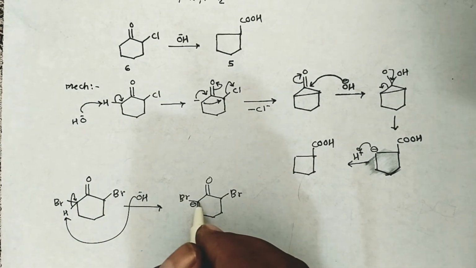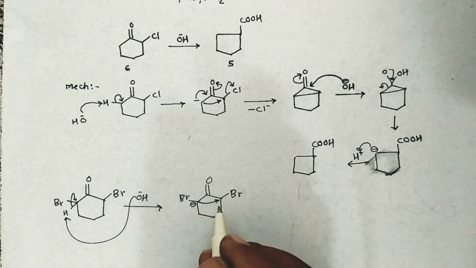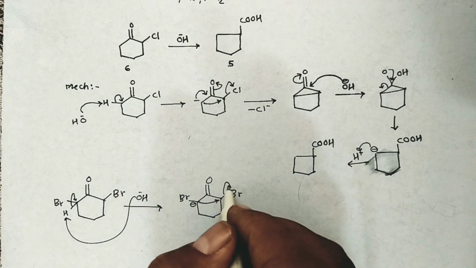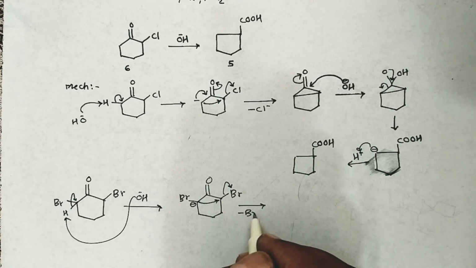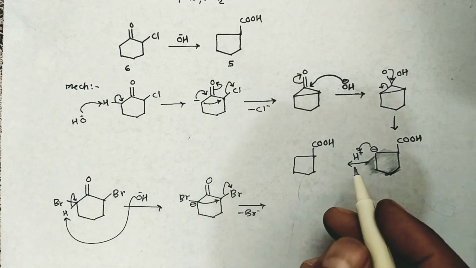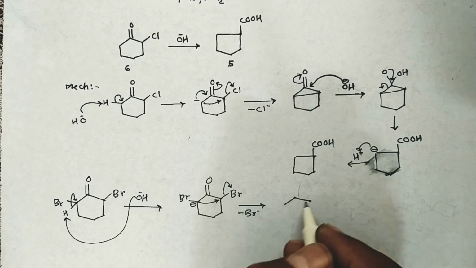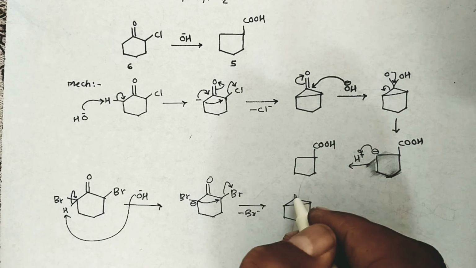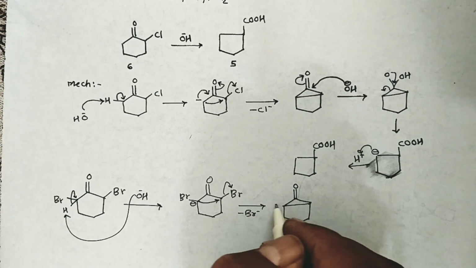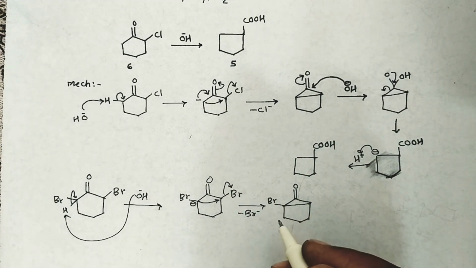Then this negative charge carbon attacks over this carbon atom and bromine will be removed as Br minus. So you will get this type of structure. One Br remains here.